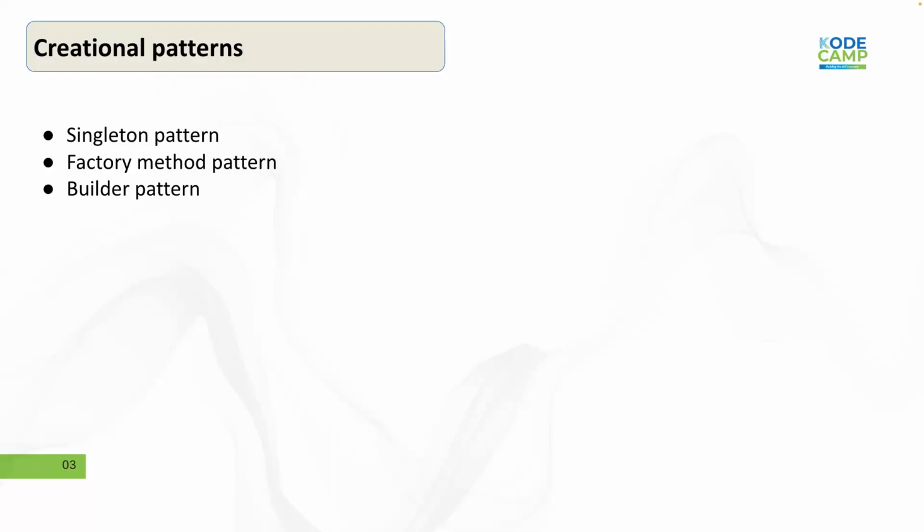Creational design patterns provide various object creation mechanisms which increase flexibility and reuse of existing code. So creational patterns abstract the instantiation process, making systems independent of how objects are created, composed, and represented.